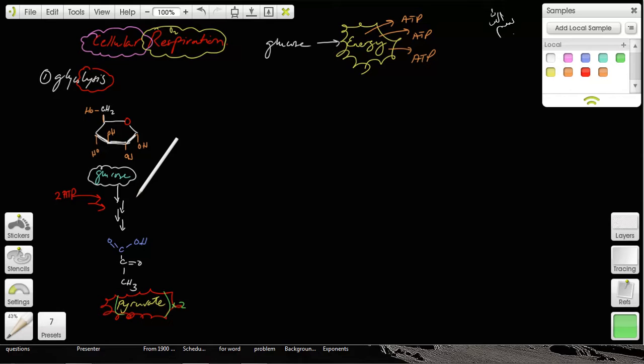Remember I said there are 10 steps. In the first 5 steps, there are 2 steps that require energy, ATP. However, the next 5 steps, the second half of glycolysis, will generate energy, in fact 4 ATPs.